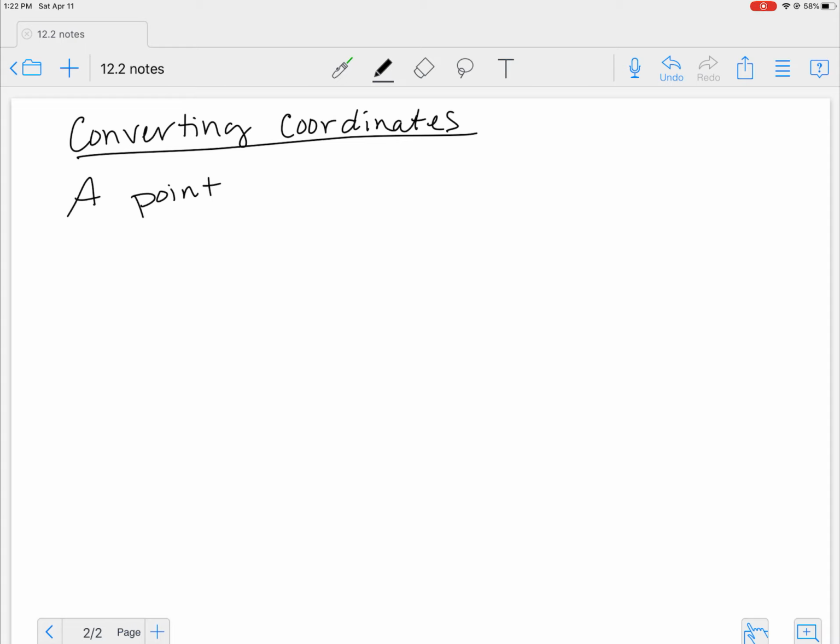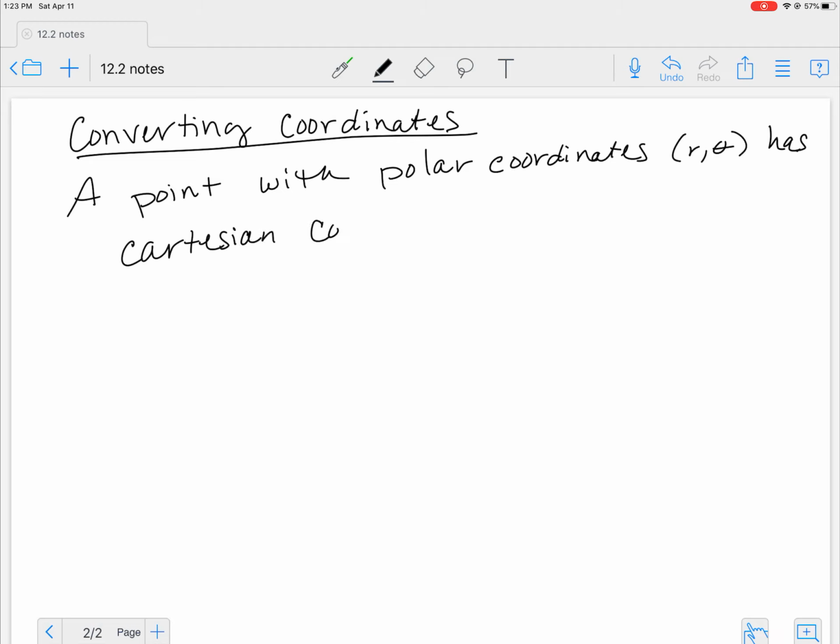A point with polar coordinates r, theta has Cartesian coordinates x, y. All right? So you can have a polar coordinate and you can have Cartesian. You can move them back and forth. Now, polar coordinates are circular. So what do you think we're going to do to make those conversions?